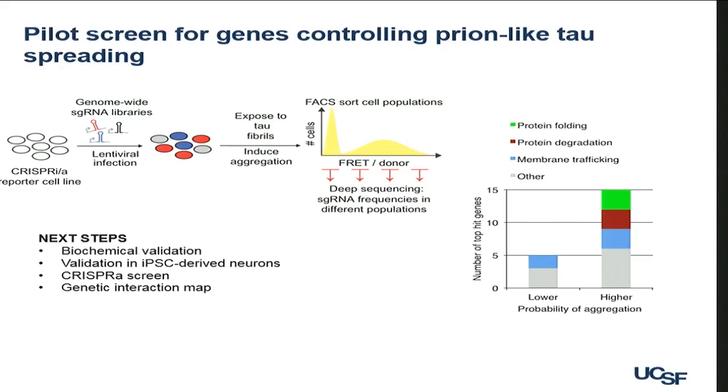And so the next steps that we're in the process of doing are biochemically validating how they work by measuring aggregation biochemically and characterizing the types of aggregates, subcellular localization that we get. We are validating them in iPSC-derived neurons, looking at endogenous tau, and we are next hoping to do a CRISPRa screen for gain of function, as well as a genetic interaction map to understand connections between these. And so with that, I'll pass it on to Dave.